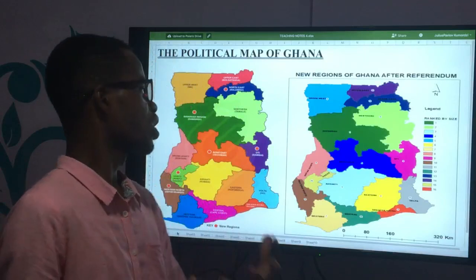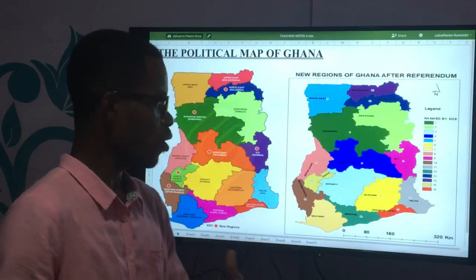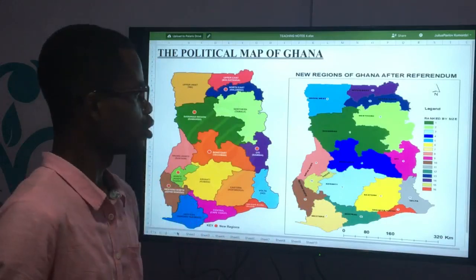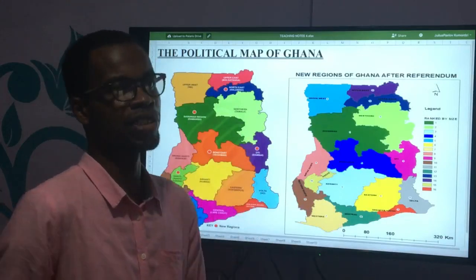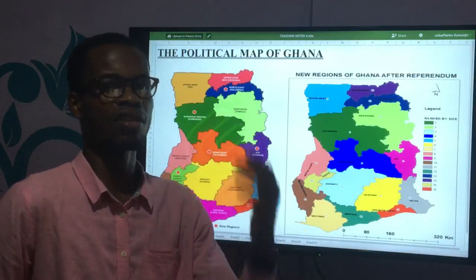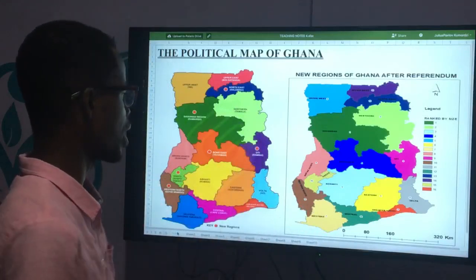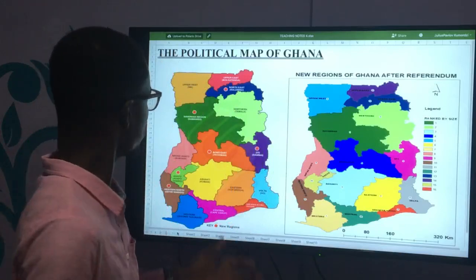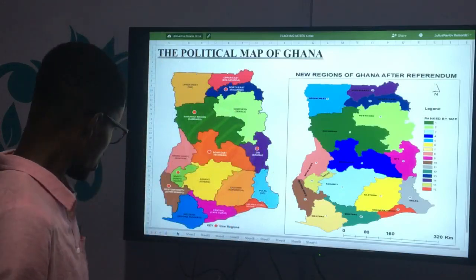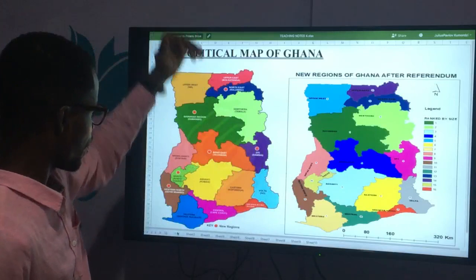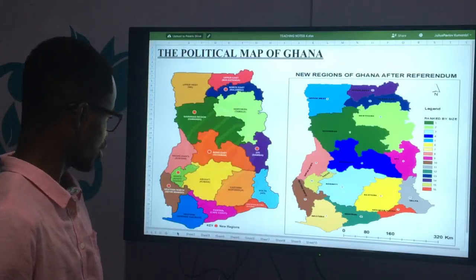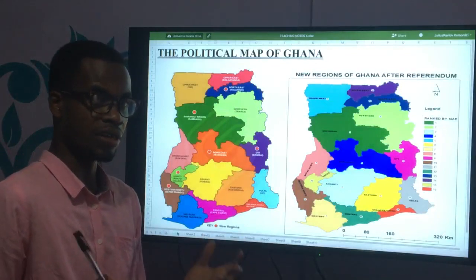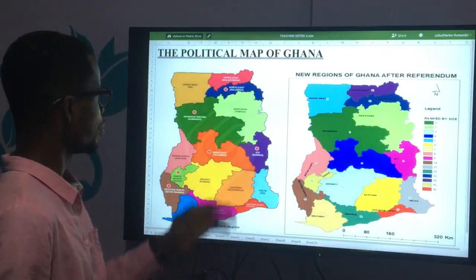Some of the 10 regions, because of their sizes, have been subdivided to create more regions. So an additional 6 have been added, and after the addition we now have the complete 16, and that is what I have here on my screen. So let's take a critical look.